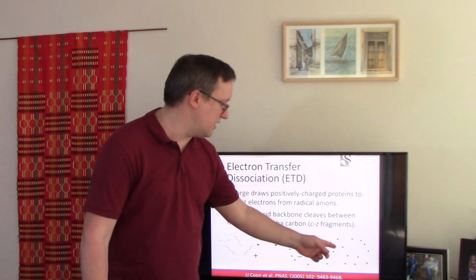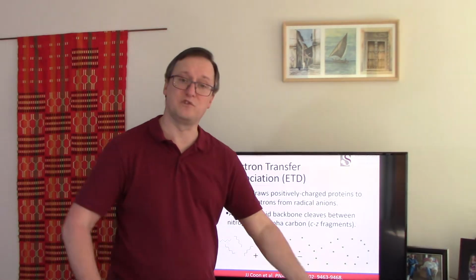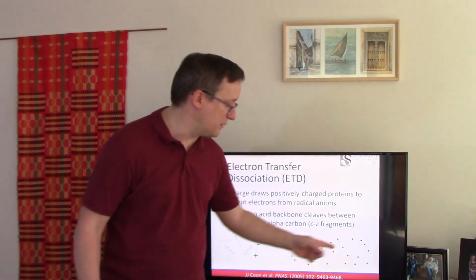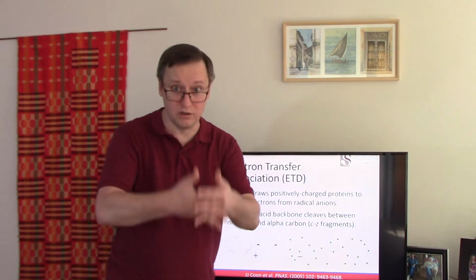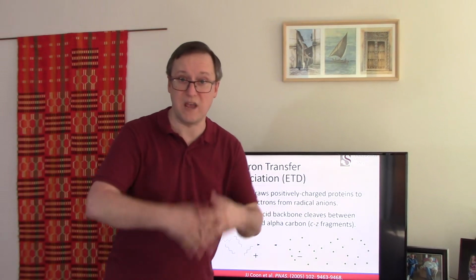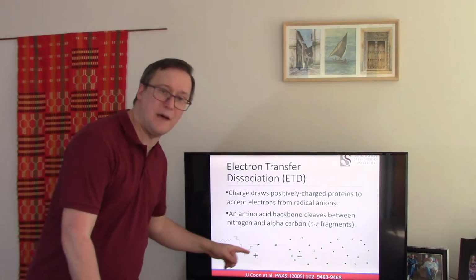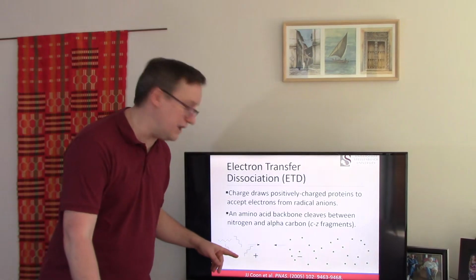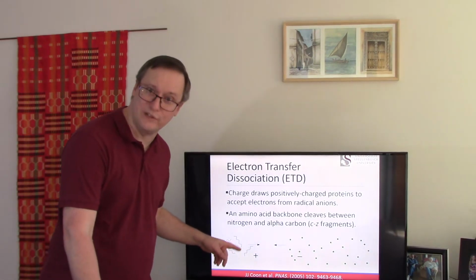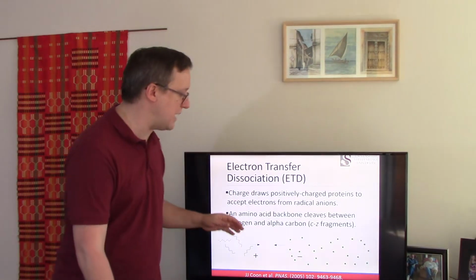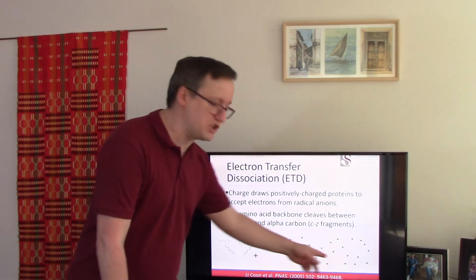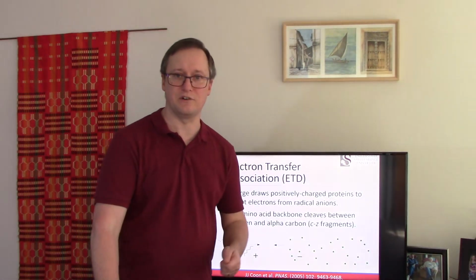What we have are a bunch of charge carriers, anions, being brought in to do an ion-ion reaction within the mass spec. So we have a bunch of copies of our proteins, let's say. They're pretty heavily positively charged because we've added charge through the pH and the electrospray apparatus. But these charge carriers are negatively charged.